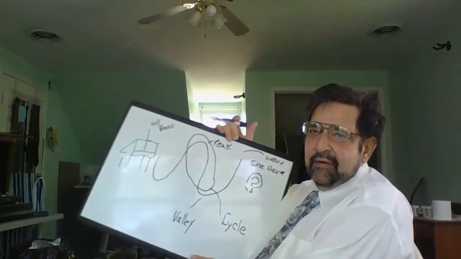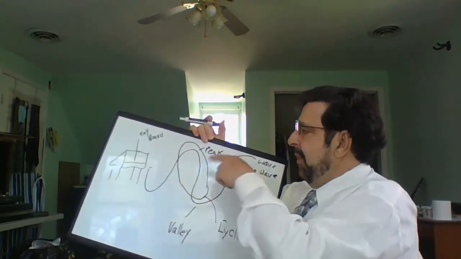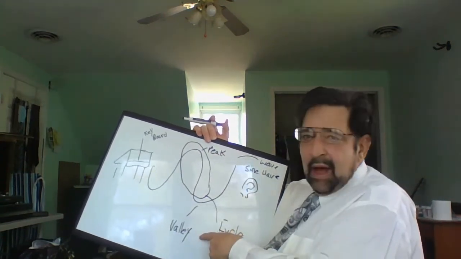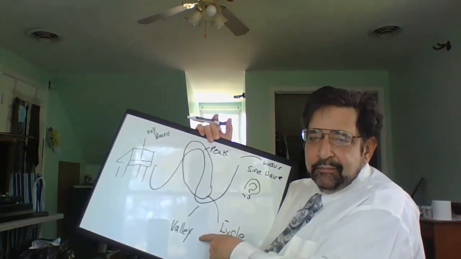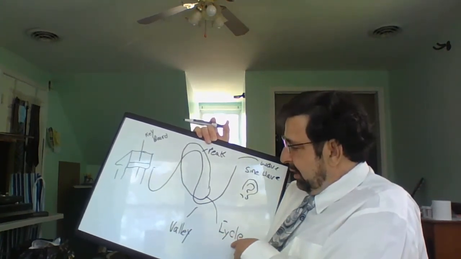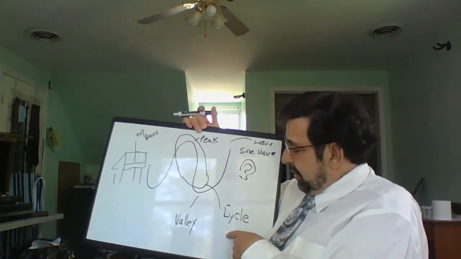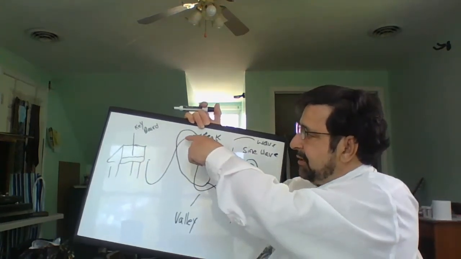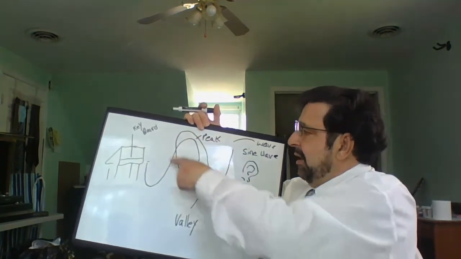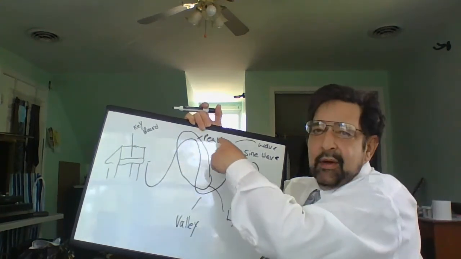That's very easy. We have a wave, see my wave? And then at the top we have a peak. At the bottom we have a valley. And in between the two, we have a cycle.